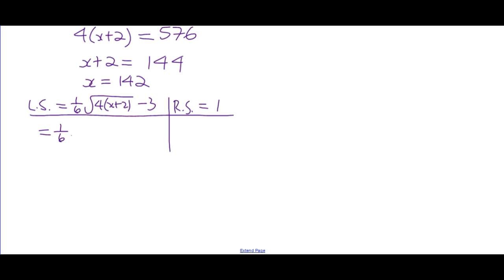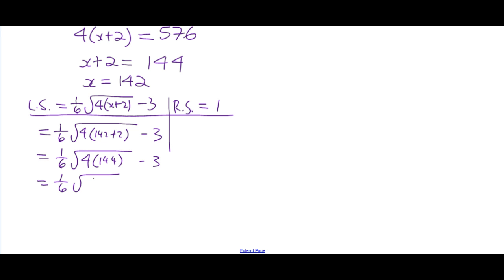So 1/6 the root of 4 times 142 plus 2 minus 3. So it's 4 times 144 minus 3. That's 576 minus 3. The root of 576 is 24, because we just did that. 1/6 of 24 is 4. And it comes down to be 1.